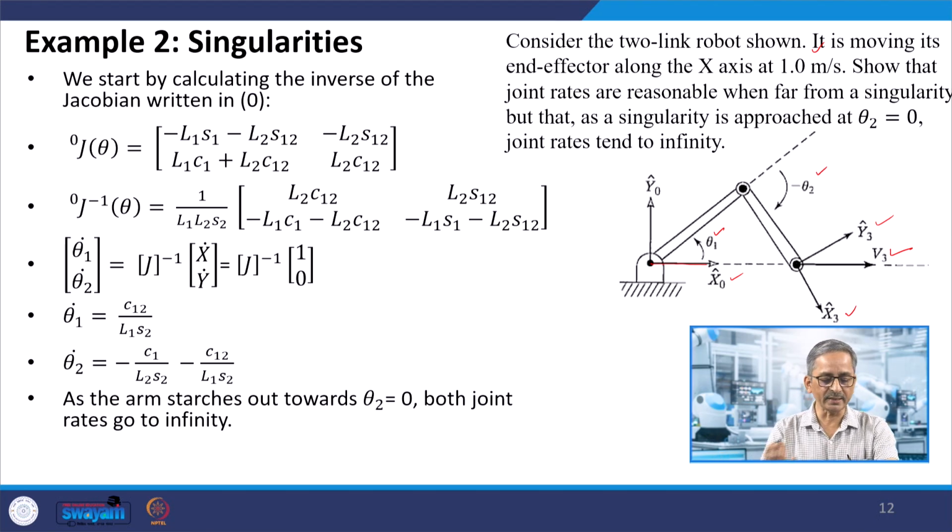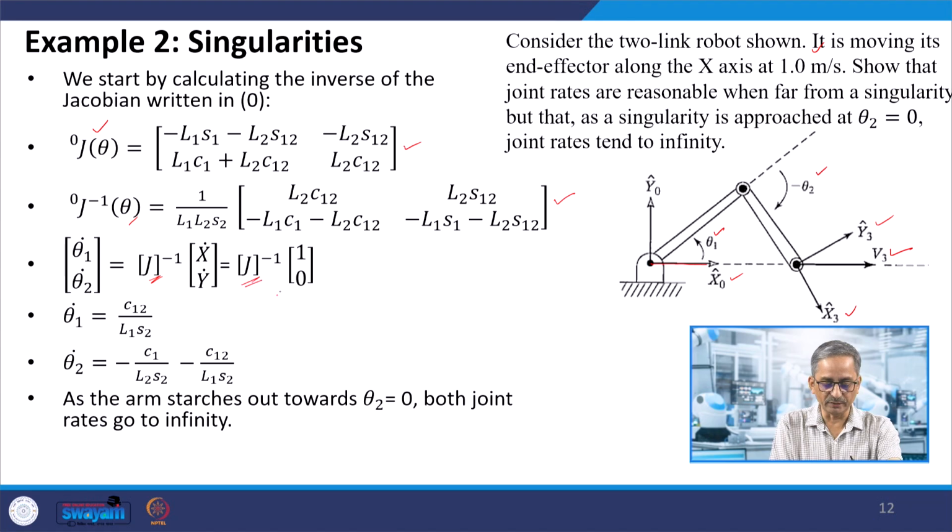In this case, if you look at the Jacobian expressed in terms of the 0th frame, we have already seen this value. So the inverse of the Jacobian we can find out, and this is what it is going to be. I can get the joint angle rates as the inverse of the Jacobian times the Cartesian velocity rates written in the form of a vector.